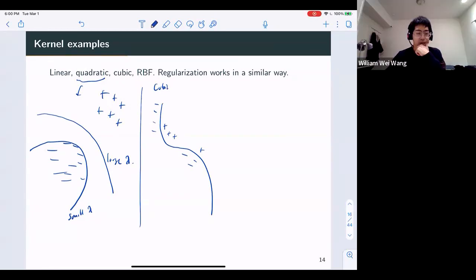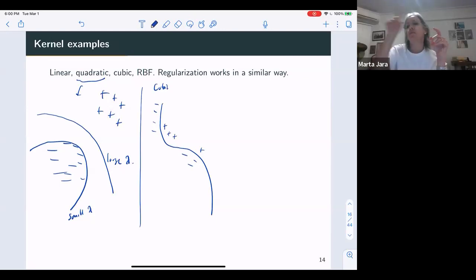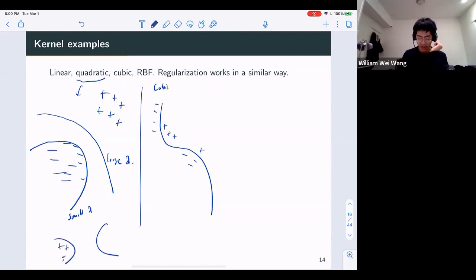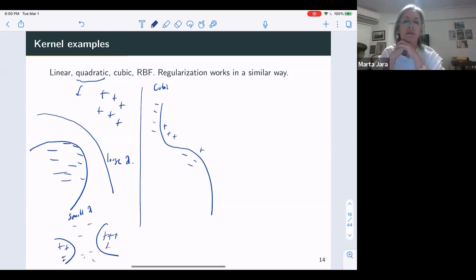I think what they mean here is that when you do a quadratic kernel, you can just have one concave thing, you don't have two. So you said it was like this, right? Yeah. Pluses, pluses, pluses, and the minus in the middle. Yeah, minus in the middle.